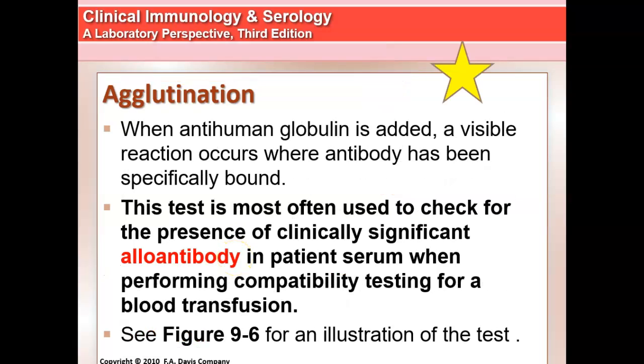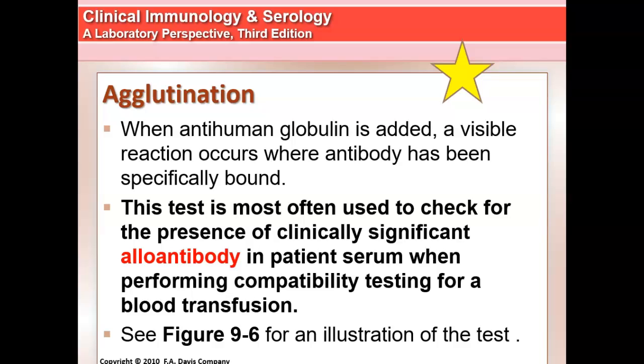When anti-human globulin is added, a visible reaction occurs where antibody has been specifically bound. This test is most often used to check for the presence of clinically significant alloantibody in patient serum when performing compatibility testing for a blood transfusion.